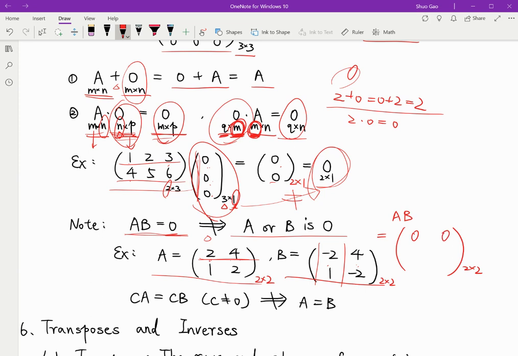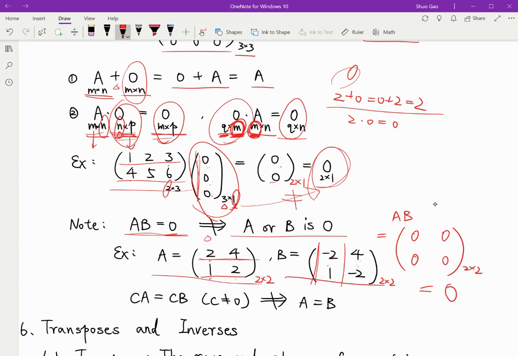So that's again 0. And then we use the second row and the first column. So that's 1 times minus 2 plus 2 times 1. So that's minus 2 plus 2. Again, 0. And then the last one, 1 times 4 plus 2 times minus 2. So that's 4 minus 4, right? So again, 0.